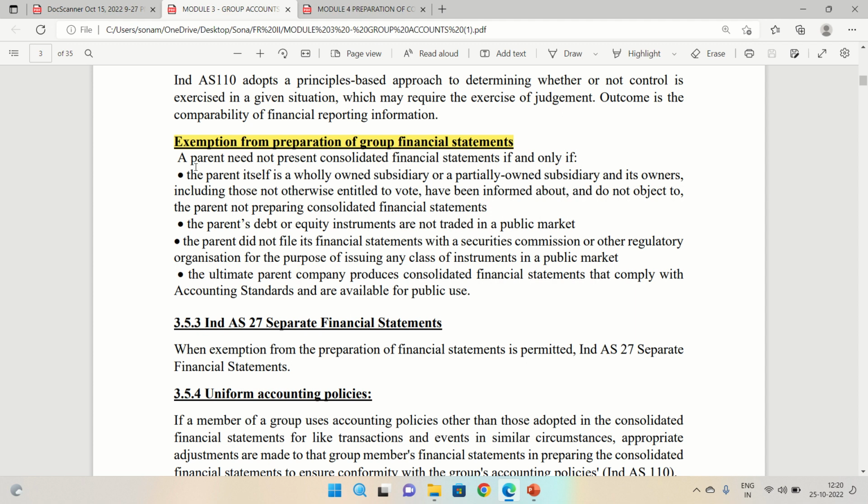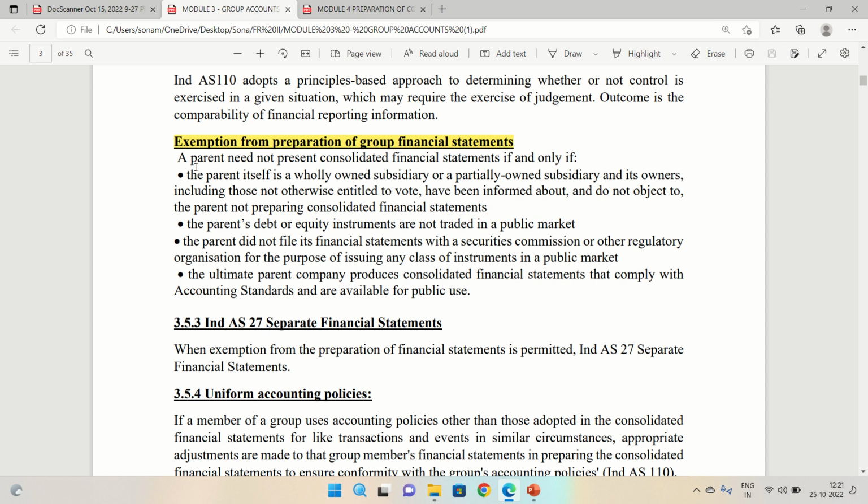The second point is that the parent company's debt or equity instruments are not traded in a public market. If it is not happening, then they need not present the consolidated financial statements. That's clear, I think. Then the third point is the parent did not file its financial statements with a Securities Commission or other regulatory organization for the purpose of issuing any class of instruments in a public market.